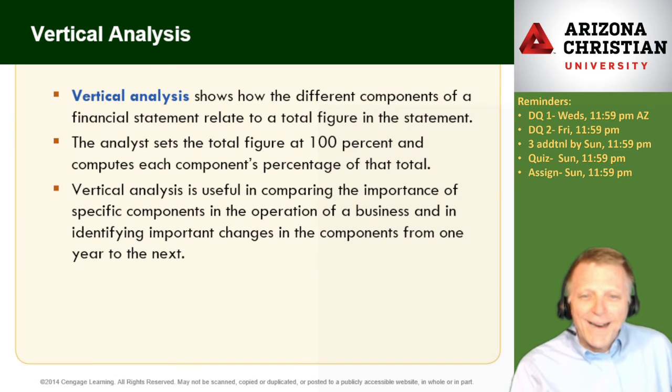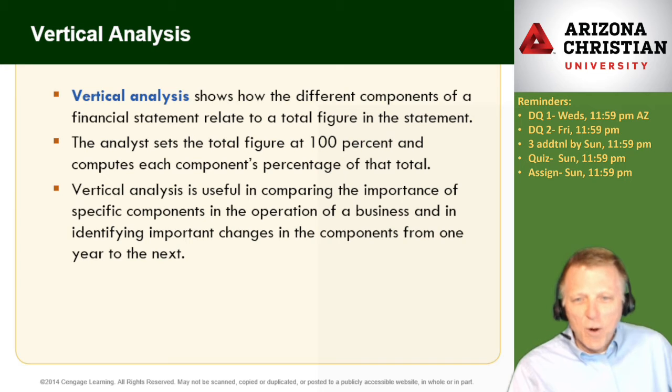A different way to measure a key metric is using what's called a vertical analysis. A vertical analysis shows how the different components of a financial statement relate to the total amount. So an analyst sets the total figure at, say, 100%, and then computes each component's percentage of that total.